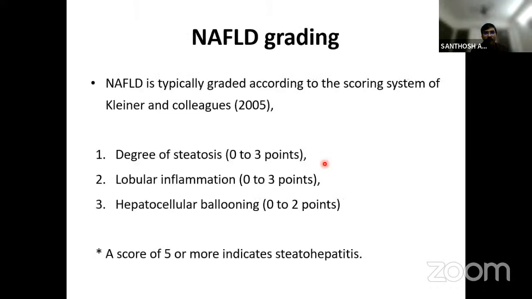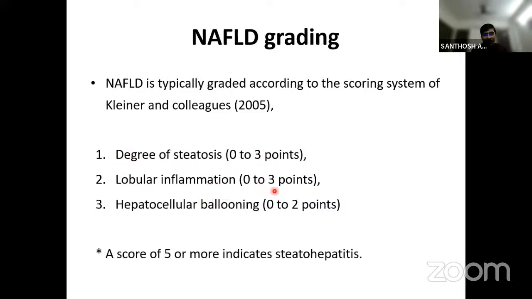So I just tried to scrutinize the NAFLD grading. It is by Kleiner and colleagues. It is typically graded according to a scoring system. Three factors are taken into consideration. See, this is pathological staging. You take a liver biopsy and subject that to microscopic examination. First one is degree of steatosis, 0 to 3 points, 0 being least steatosis, 3 being the maximum steatosis.